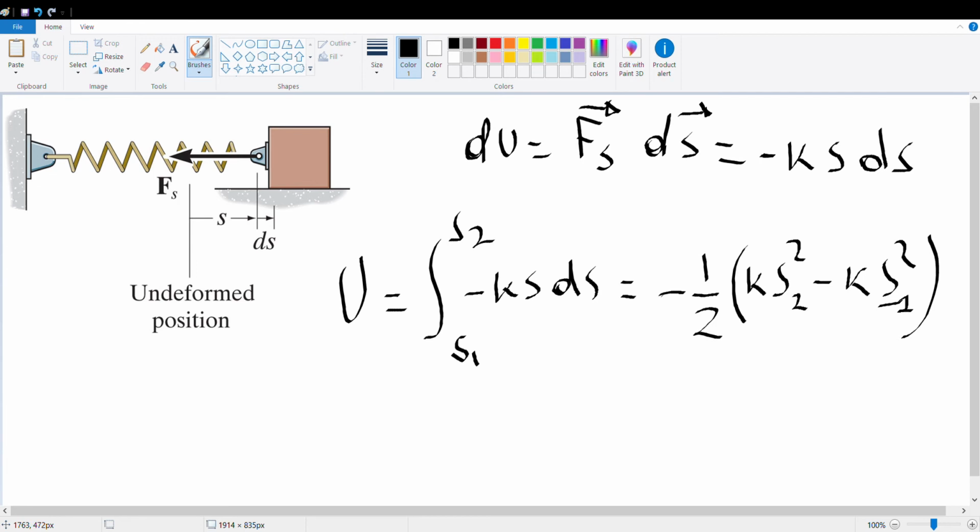So again, the work done by the spring only depends on the initial and final position. Doesn't matter what path it's going to take, or how many oscillations it's going to do. You can go back and forth as many times as you want. At the end, the work done is just going to be the difference between the initial and final position, but squared.